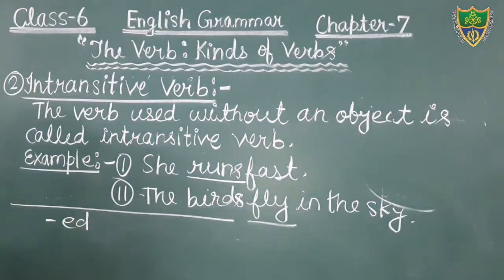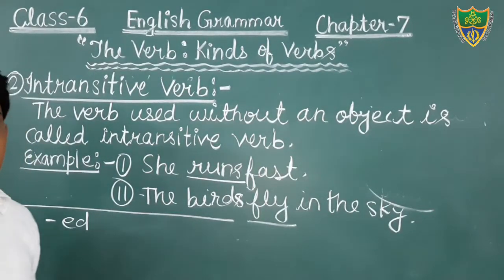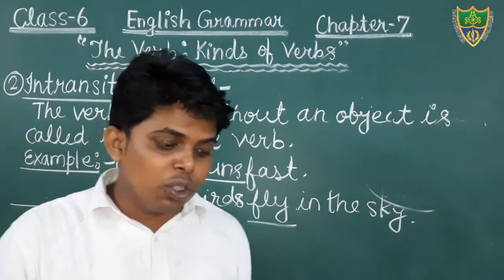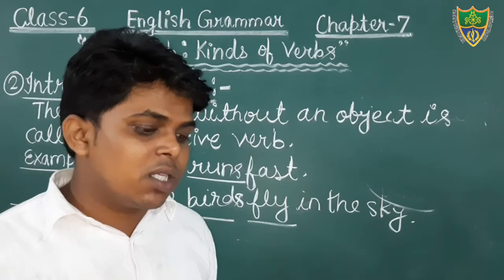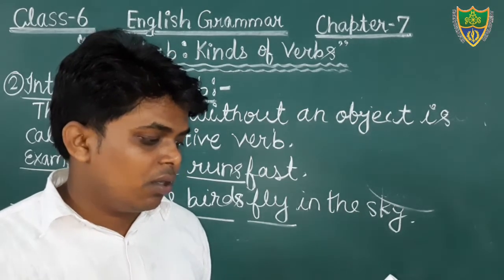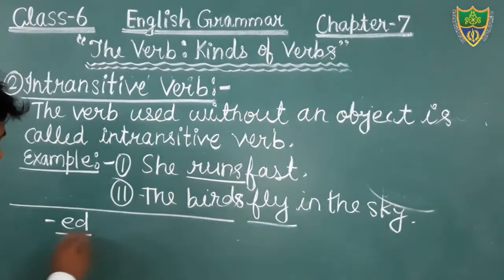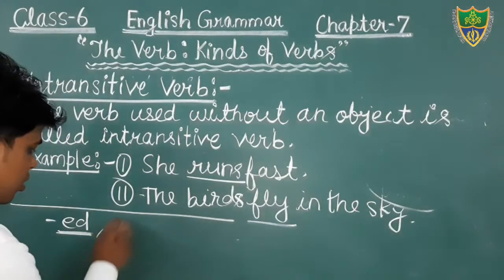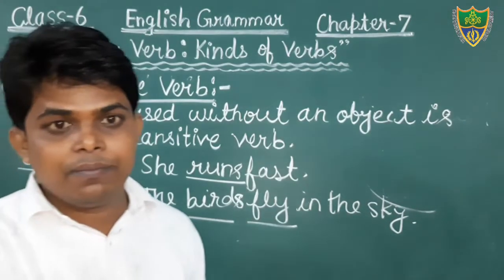If we are changing the tense of any verb, here it is written, strong verbs are those which form the past tense by changing the vowels of the present tense of the verb. We do not add ed, d, t to make the past form.